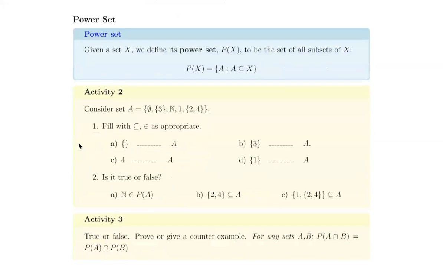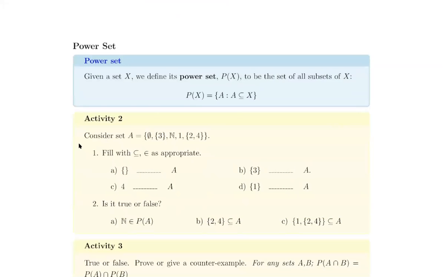Anyway, power set. The definition is that if we have a set X, the power set of X is the set of all the subsets of X. For example, let me give you a short example. We have A equals {1, 2}. Then what's P of A?